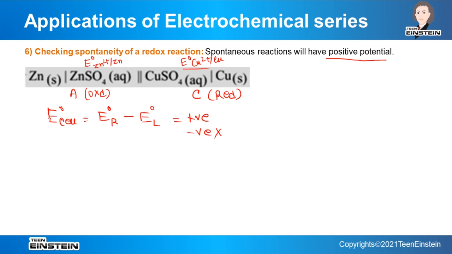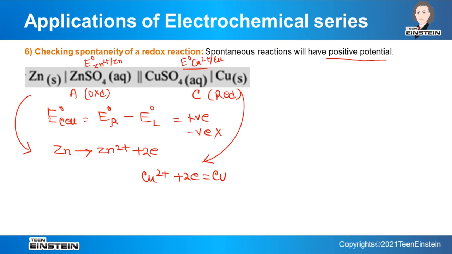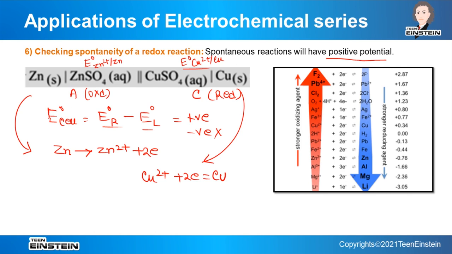Sometimes this type of cell representation can also be given. Here on the left hand side, the reaction going on is zinc converted to Zn2+, sacrificing 2 electrons, and on the right hand side Cu2+ is accepting electrons and is converted to copper. Now we will do this calculation. Let's see the values from the electrochemical series. For the Zn2+/Zn system, the value is minus 0.76, and for the other system, Cu2+/Cu, it is plus 0.34.